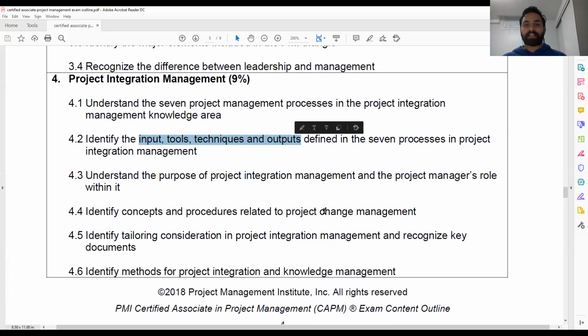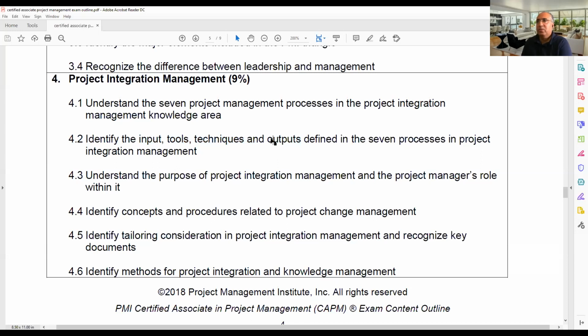These are the basic things, because inputs, outputs, tools and techniques give you the power to understand what integration is, because tools and techniques are further explained, and they have more terms that are not explainable in this short time, but this will explain the whole project. Just remember the inputs, outputs, and techniques.